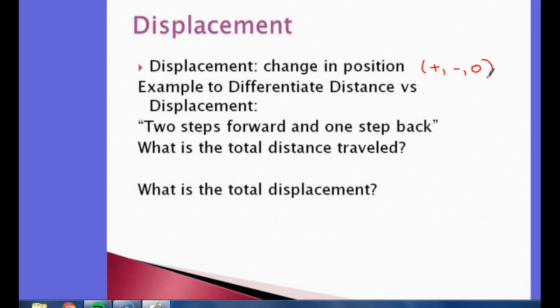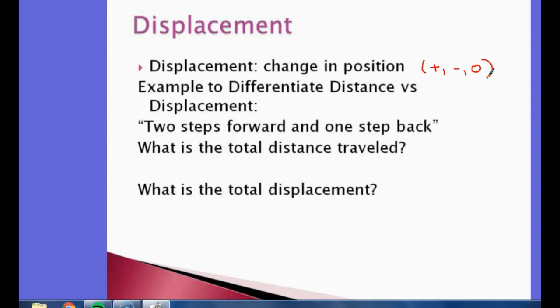So think of the concept 2 steps forward, 1 step back. So I could go 2 steps forward and then take 1 step back. My displacement at this moment is positive 1, because my end point is 1 step forward from where I started. My total distance traveled, though, is 3. So it's like using gas in your car.